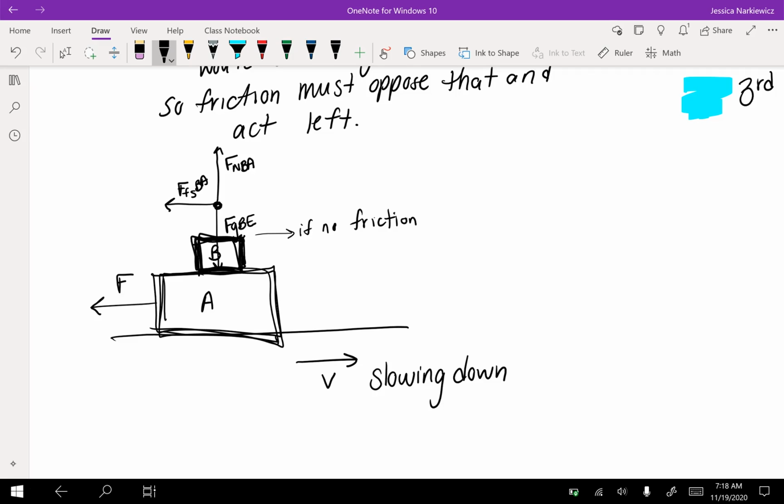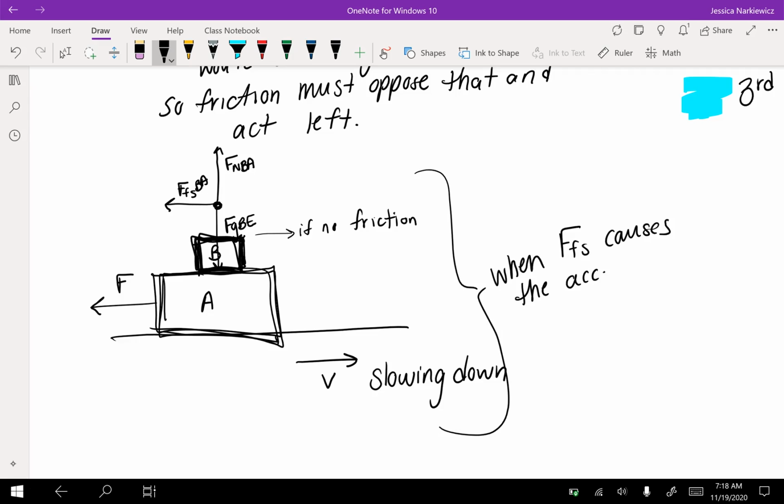So really, when the force of static friction causes the acceleration and is the net force, which is the case with block B, but not with block A, because in block A we have the applied force that also acts as the net force.